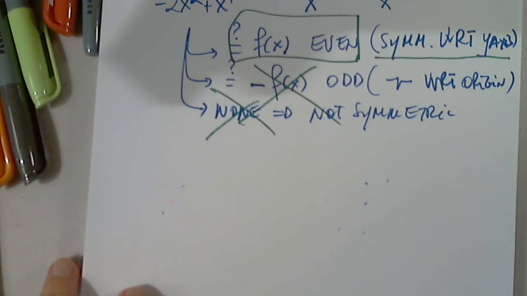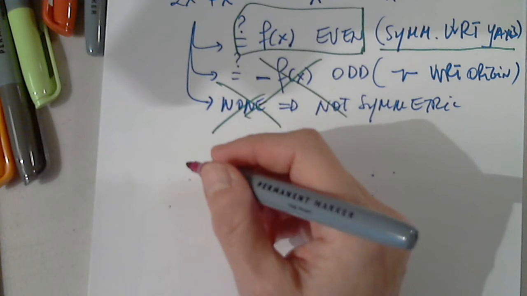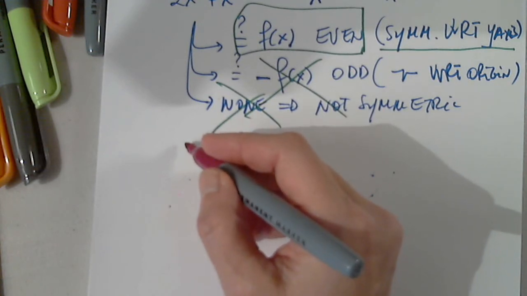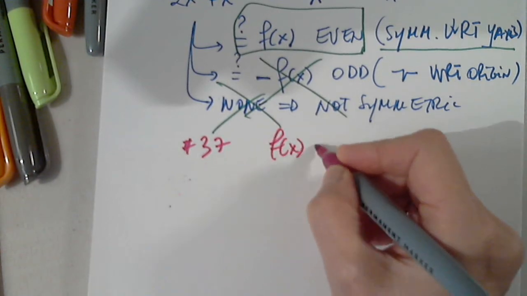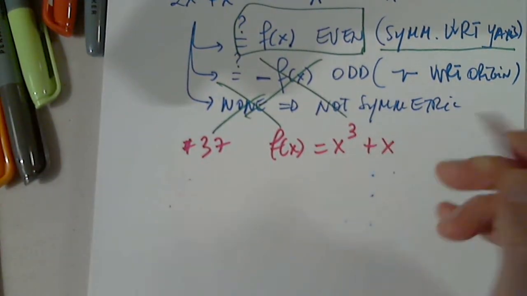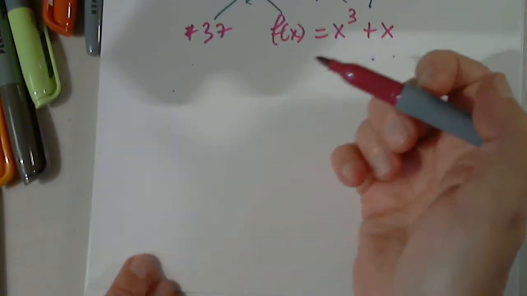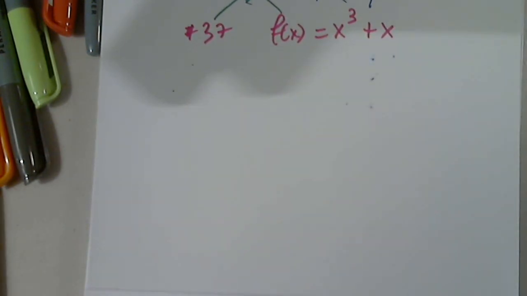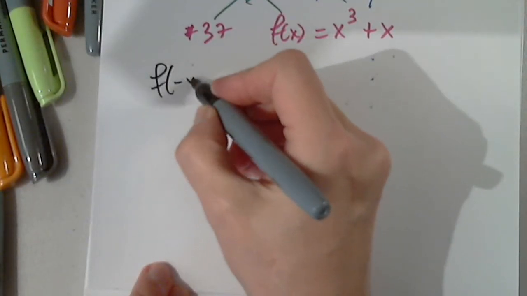Okay, so let's take a look at one more, unless you need more. Let's say 37. We have f of x, which is x to the third plus x. We are asked to find whether it's symmetric or not. All I have to determine is f of negative x for now.